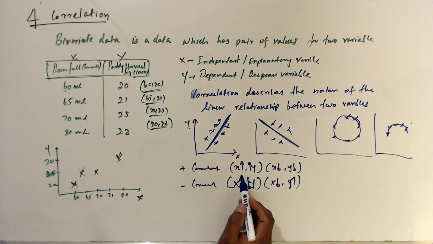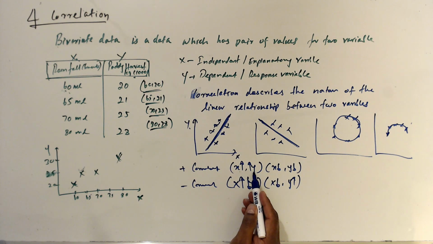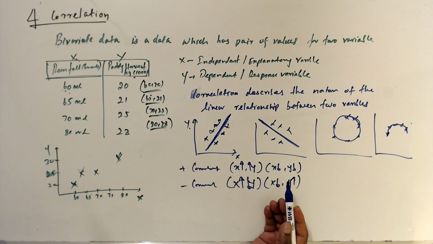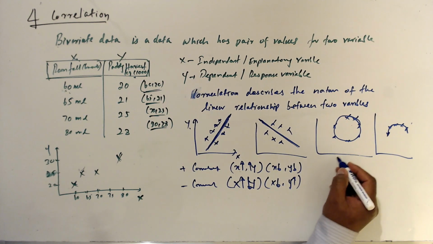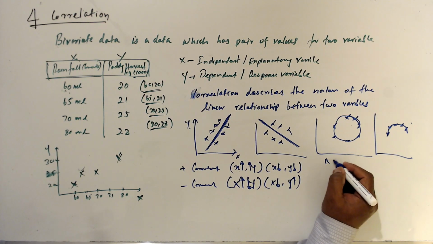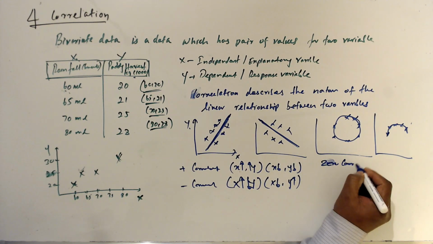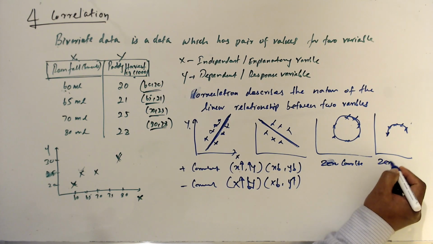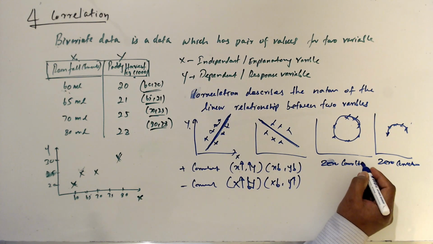When the explanatory variable increases and the response variable also increases, it has a positive correlation. Here there is no correlation, zero correlation. Here also zero correlation.